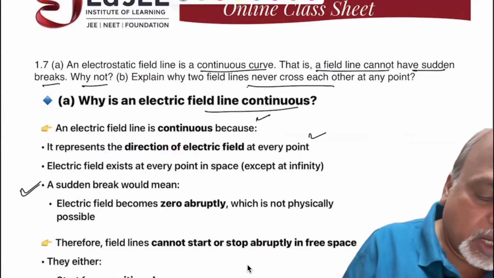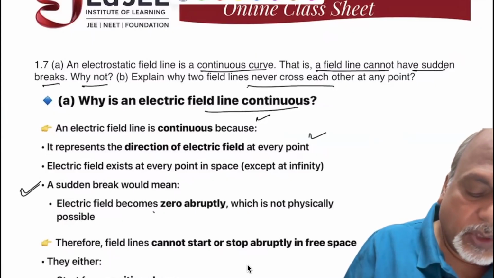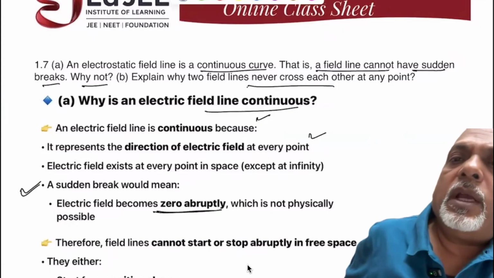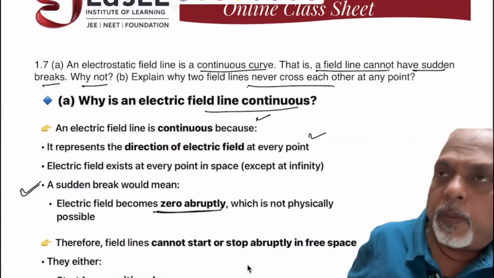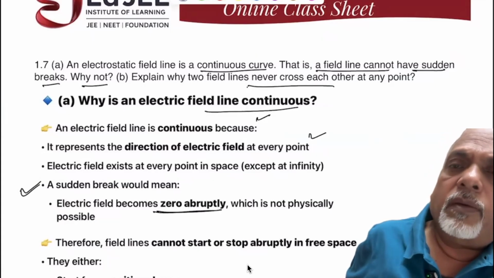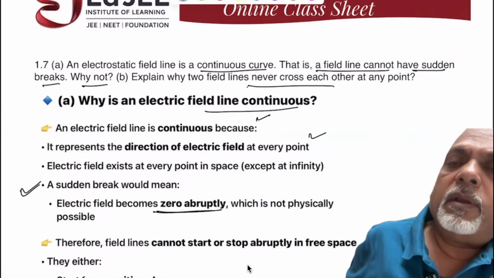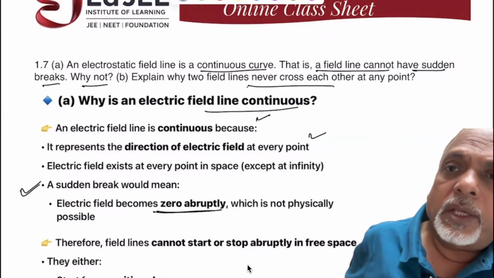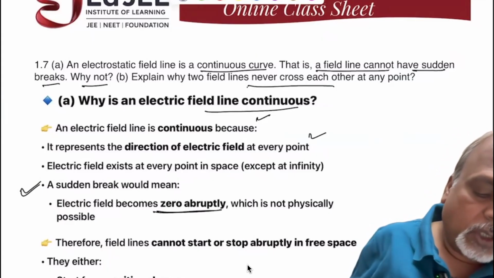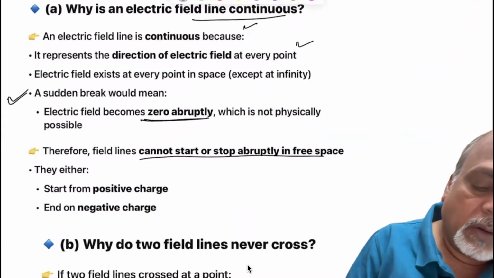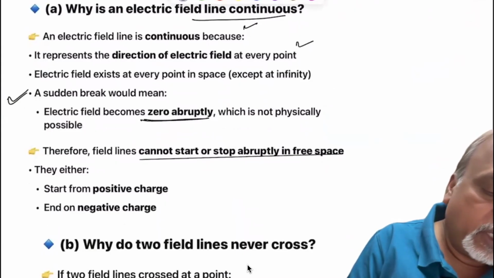Because along the field lines the electric field varies, and if there were a sudden break, the electric field at that point would have to change abruptly, which is not possible. Field lines cannot start or stop abruptly in free space.